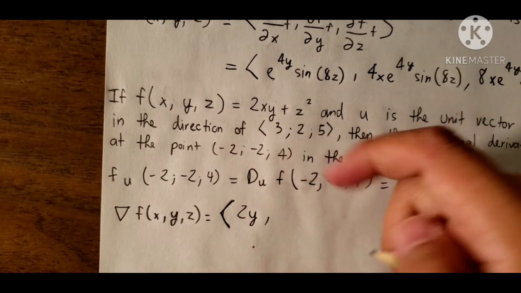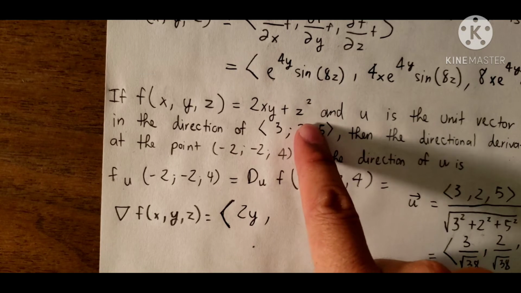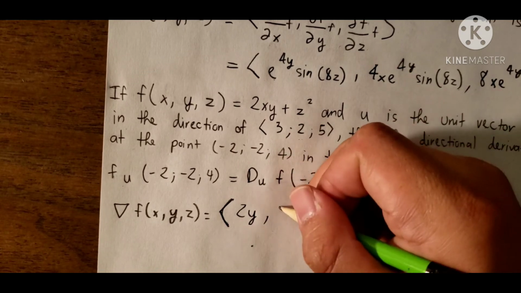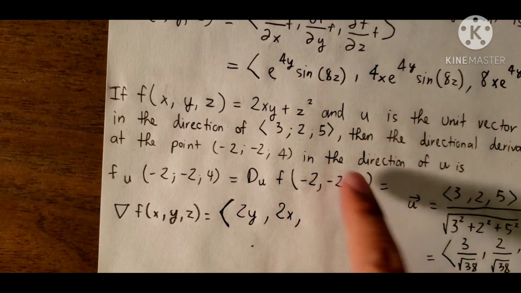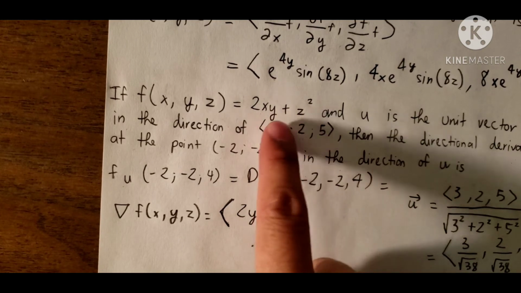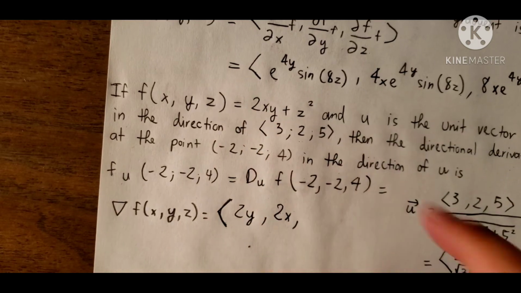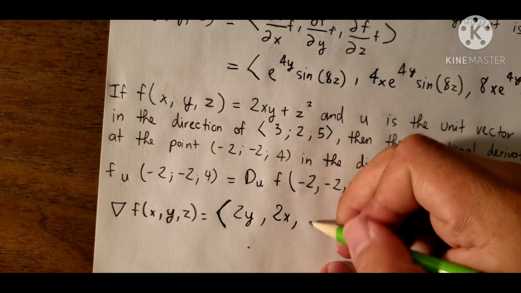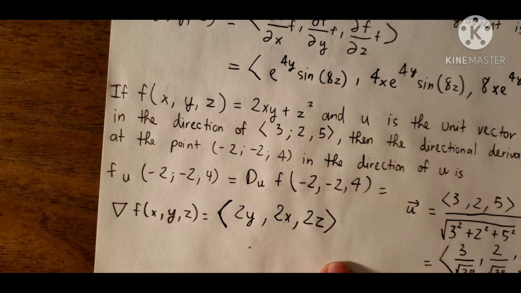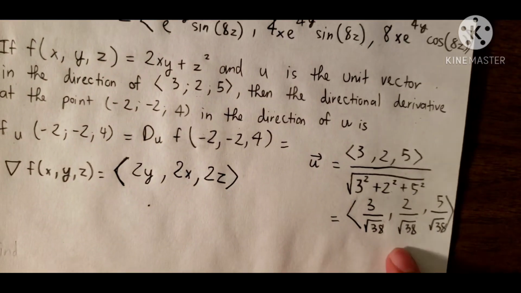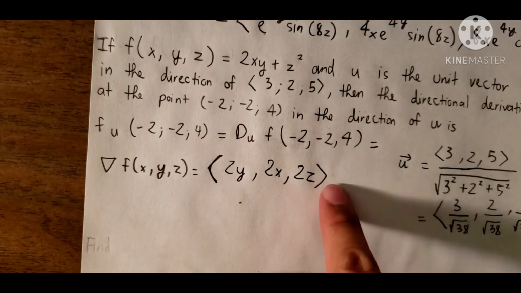Now we do y: x and z become numbers, so you get 2x. For z, z becomes the variable, x and y become numbers, so we get 2z. We multiply this in here.